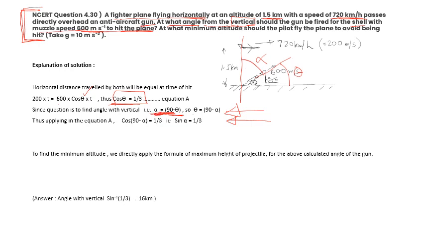This equation already gave us cos theta is 1 by 3, and using alpha equal to 90 minus theta, which means theta is equal to 90 minus alpha, we replace theta by 90 minus alpha and get sine alpha is 1 by 3. So we can find the value of alpha using this equation. It's straightforward.